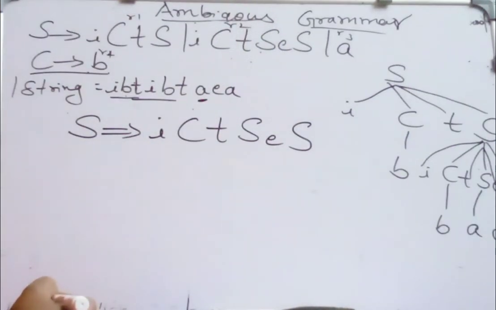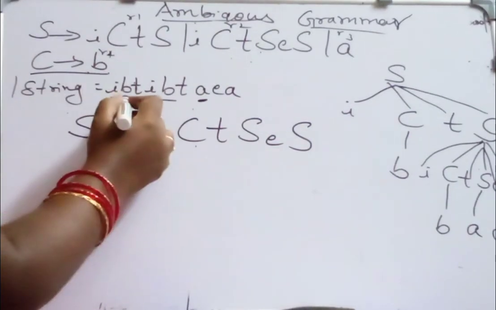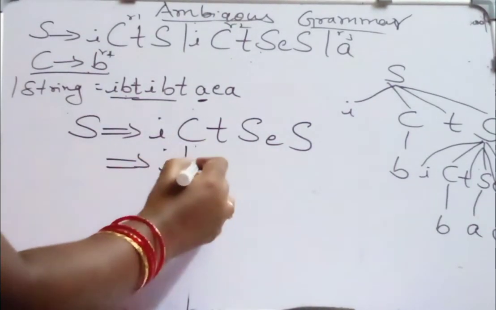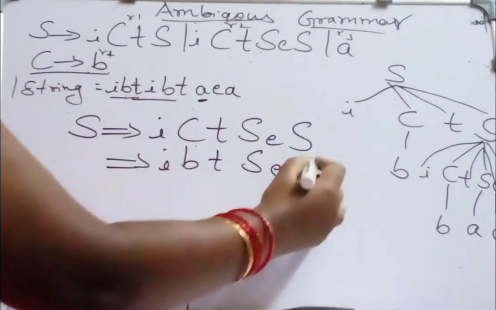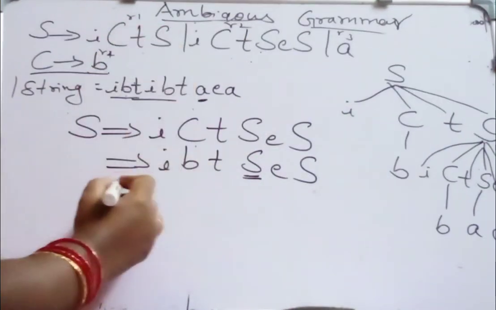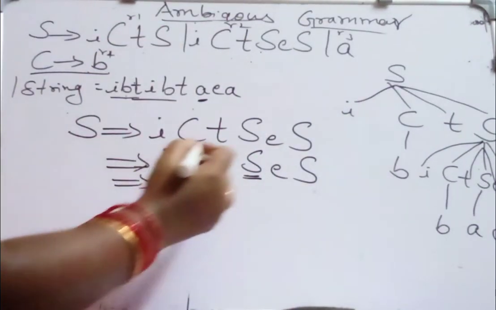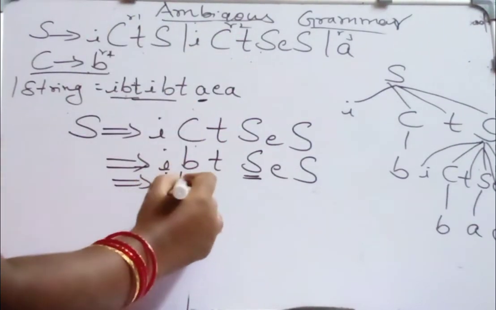Okay. Now for this C I am substituting b, because the second symbol here is b. So we got ibt. Next is SeS. For this S, now I am substituting rule 1. I should try to derive the string anyhow, applying these productions.